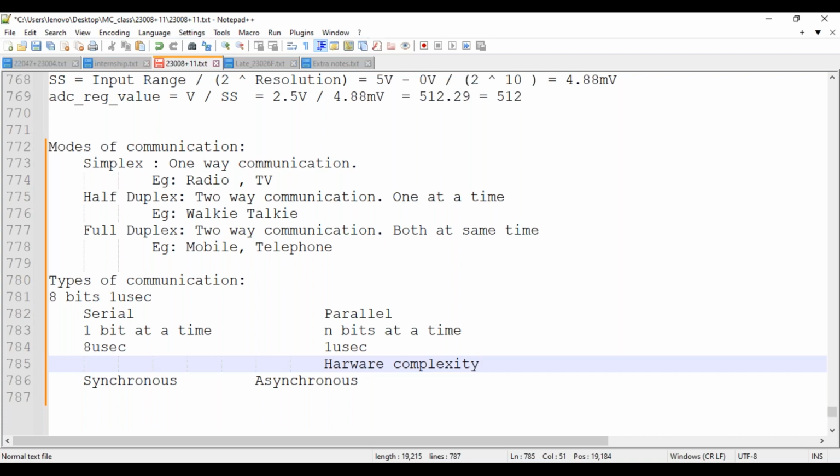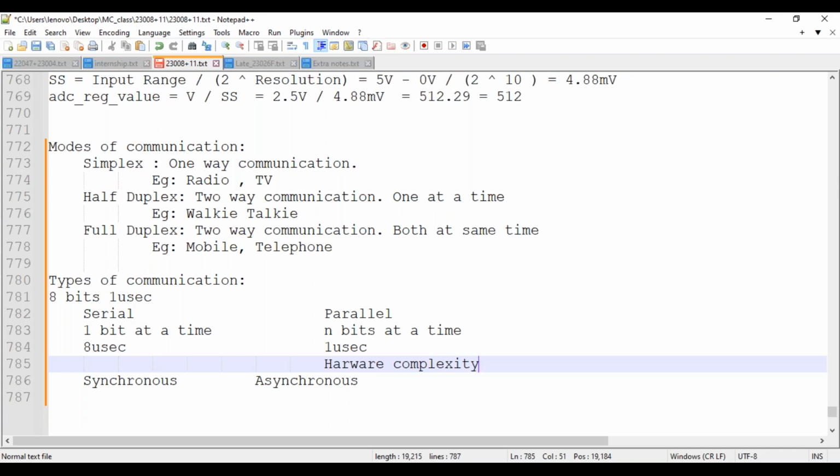Now, because serial communication is very extensively used in everyone's day-to-day life, I cannot let serial communication take 8 microseconds just to transmit 8 bits of data. So several advancements and improvements are being made on serial communication, so that it takes very little time to get 1 bit of data transmitted.